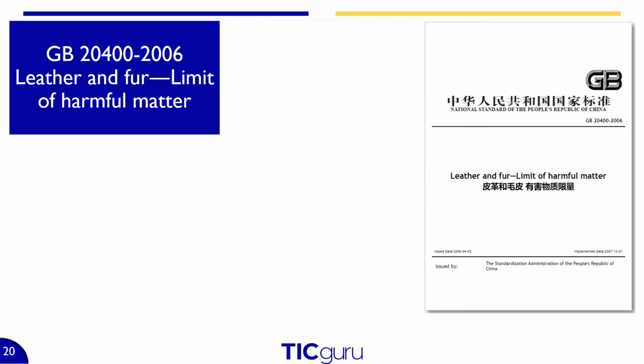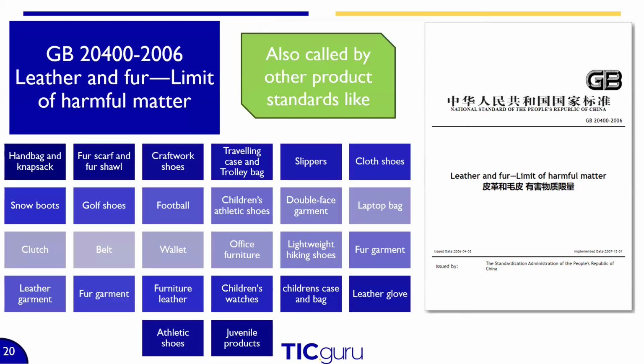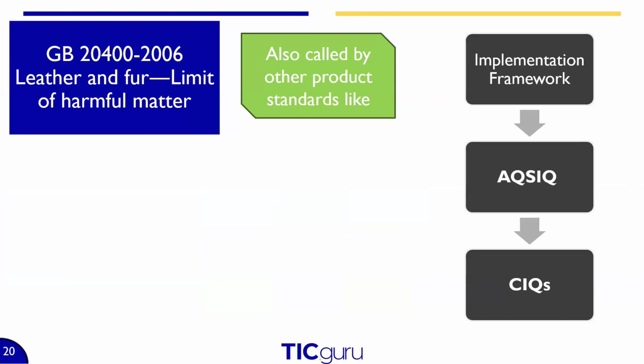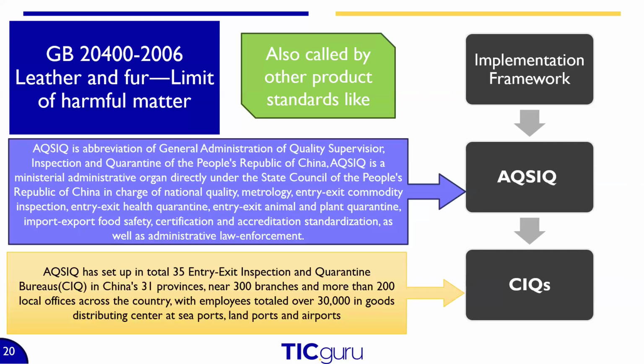Now, rolling back a little bit, the product standard, the GB 20400, is also called in by a large number of other products like shawls, shoes, footballs, gloves, etc. And the implementation framework involves two different short forms. These two implementation framework entities are the AQSIQ and CIQs. What are these?